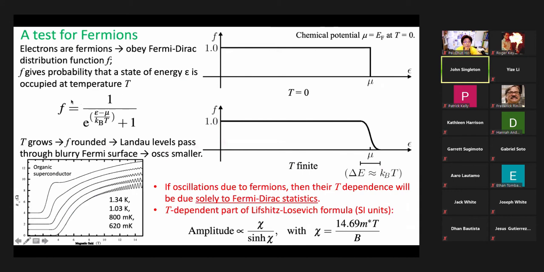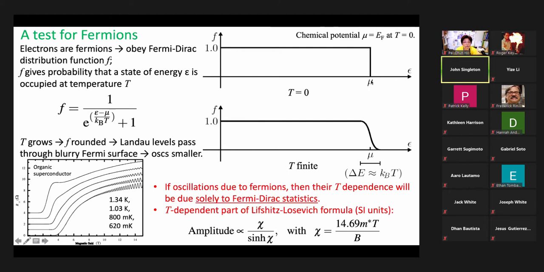You're probably all familiar with it from thermodynamics classes and things like that. It gives the probability that a state of energy E is occupied at a temperature T. So if we make it absolute 0, what happens is that this expression goes along 1, and then suddenly when it gets to mu, the chemical potential, it falls vertically, and then it's 0.